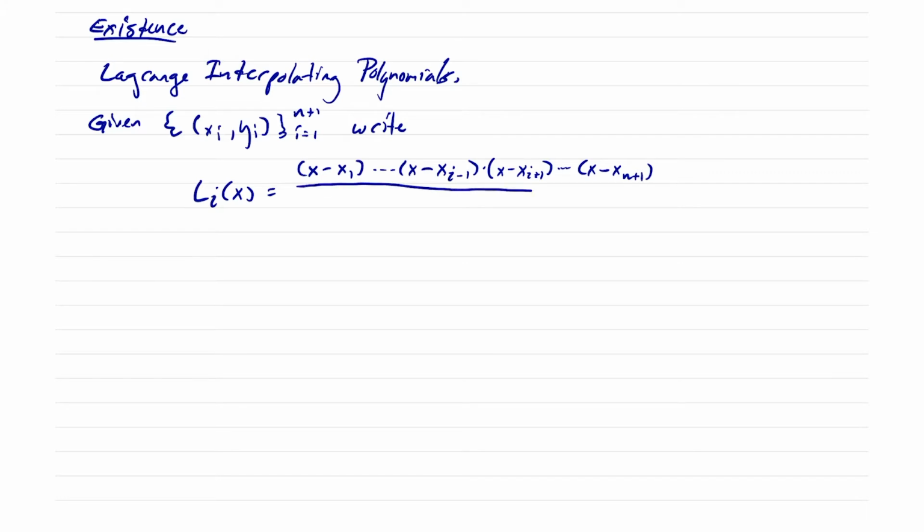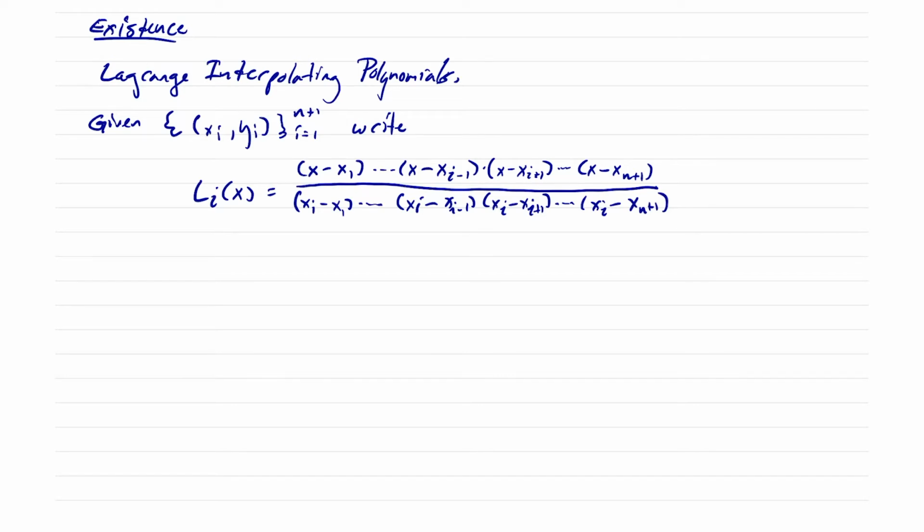And now on the bottom, what I'm going to have is xi minus x1 all the way up to xi minus xi minus 1, and then xi minus xi plus 1, all the way up to xi minus xn plus 1.